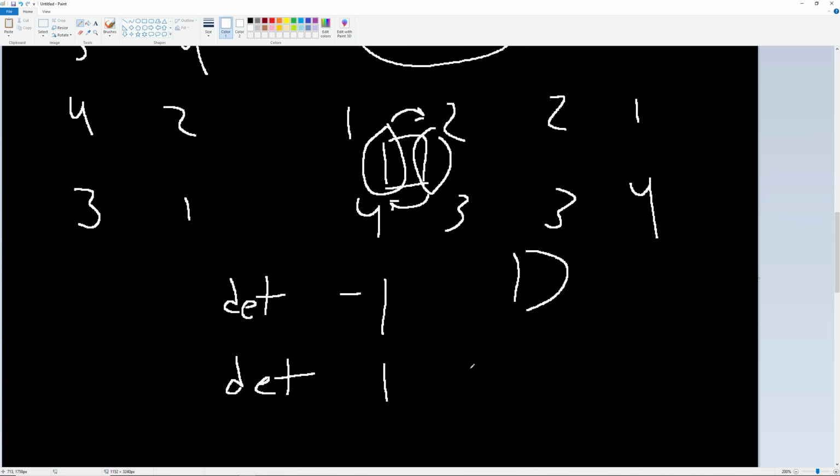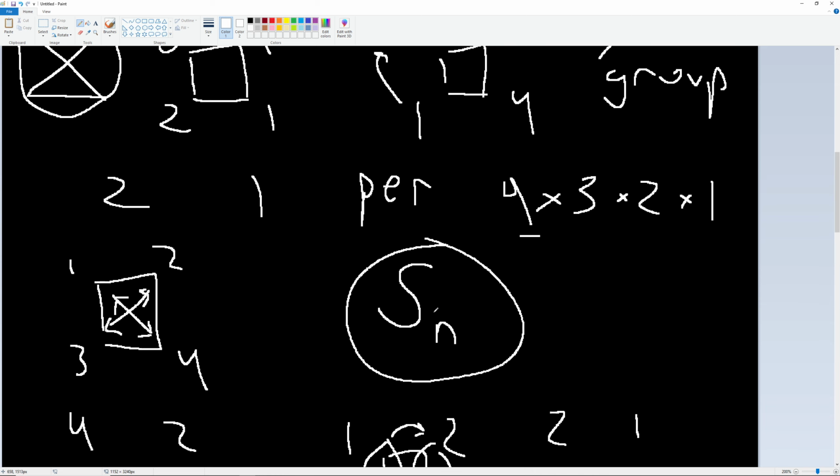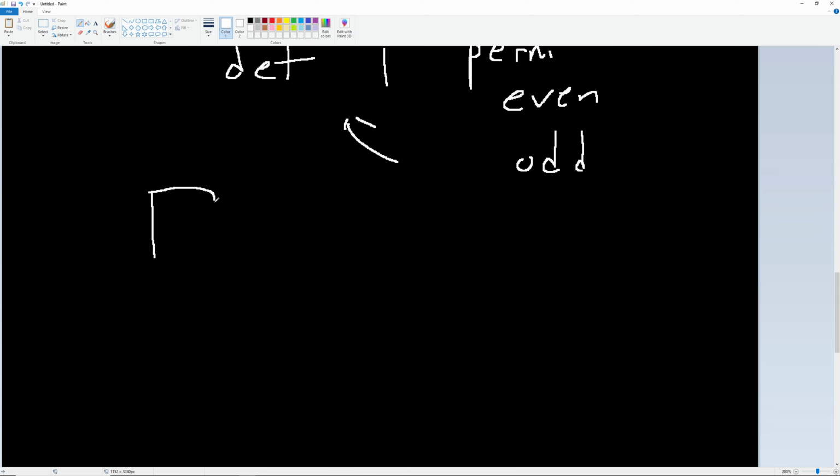And even if you're talking about permutations themselves, you can talk about even and odd permutations, which you can kind of think about as being a similar idea to this determinant of +1 or -1. Anyway, that's linear algebra stuff, and don't worry if you don't understand it. But the point is that if we're talking about flipping around a square, and this is a very simple object, we can basically talk about these two possible groups.